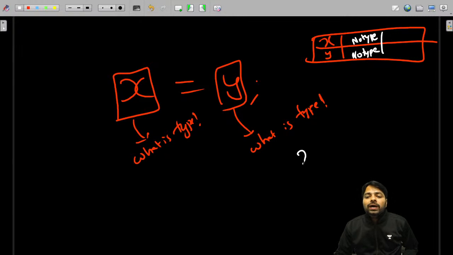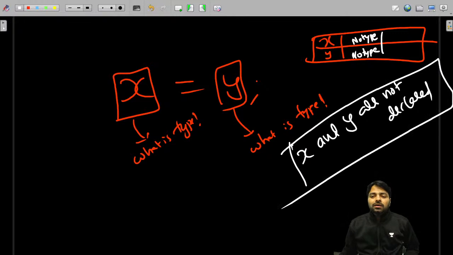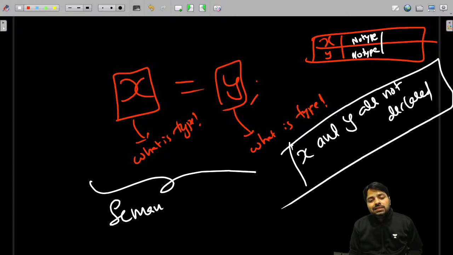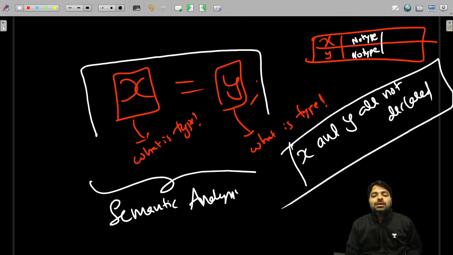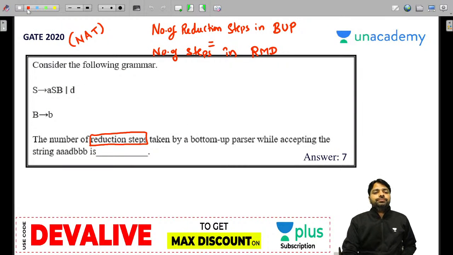That means x, y are not defined in the program. Not declared, you can say that. Not declared in the C program. But who does that? The semantic analysis knows this, not syntax. Syntax only looks at whether this structure is valid or not. Yes, the structure is valid, but not semantically. Alright, but it is a compiler error, no doubt. Fine. Now the compiler can detect it.